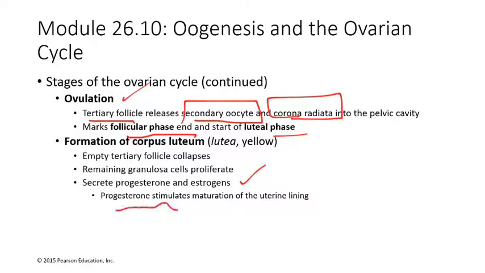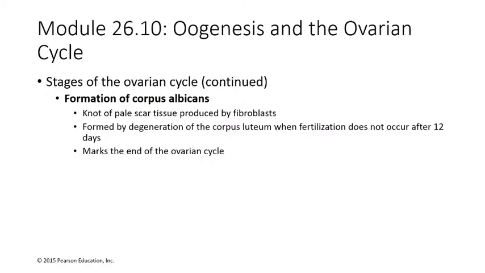And those progesterones are going to send signals down to the uterus saying, hey, I just released an egg, and in a few days, that egg, which might have been fertilized, is going to reach the uterus. And I want the uterus to be as ripe and as ready for implantation as possible. So this progesterone, specifically by the corpus luteum, is going to be sent down to the uterus, preparing for implantation.